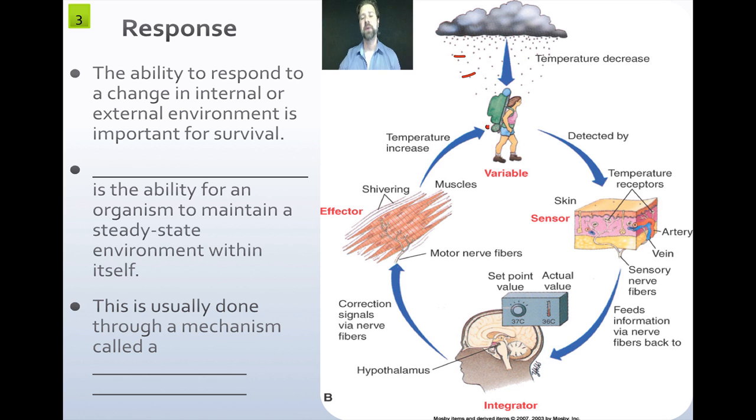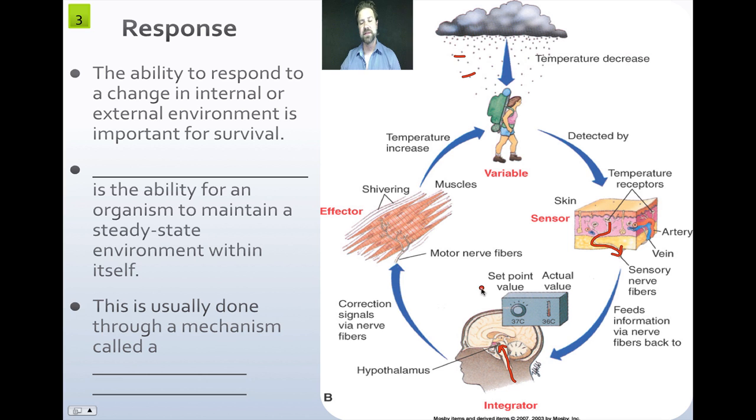So those cold temperatures are going to reach her skin, and they're going to trigger, as a stimulus, particular nervous cell stimulations. The message is going to be transferred from the skin, from these temperature receptors, down these sensory nerve fibers here, and it's going to travel all the way up to this person's brain, and it's going to reach a particular little tiny structure in the brain called the hypothalamus.